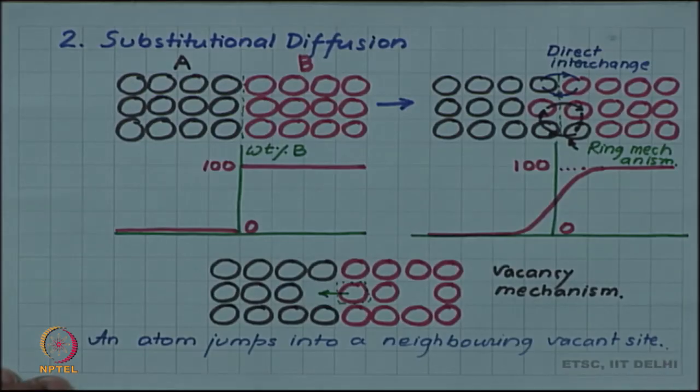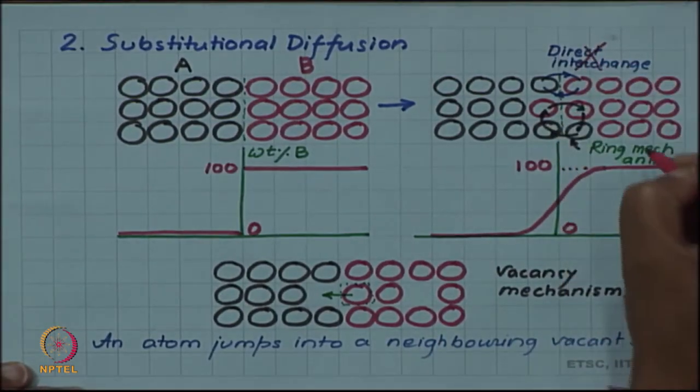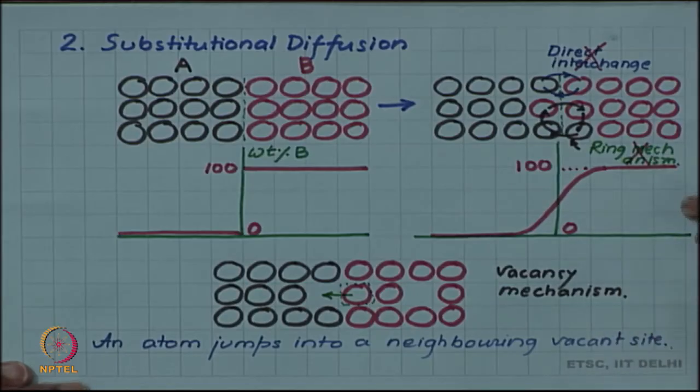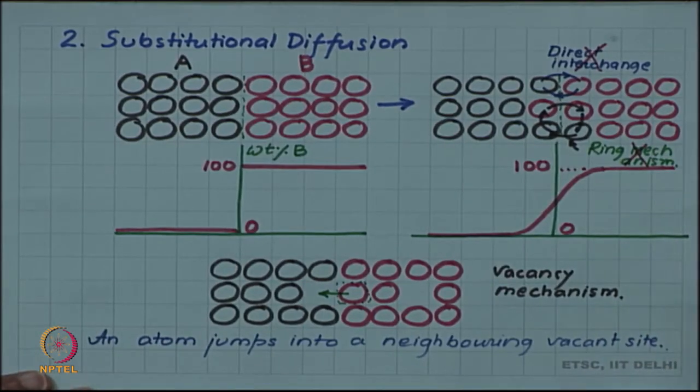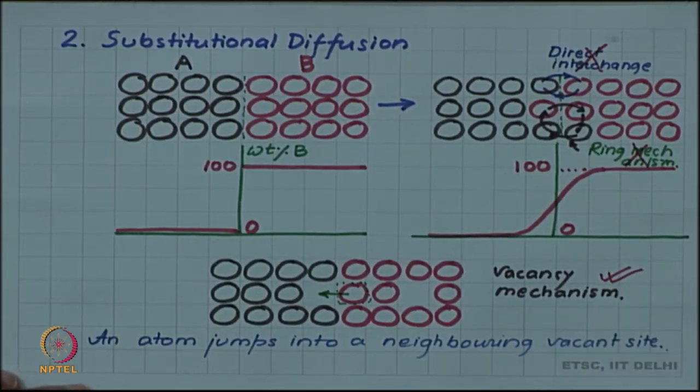So, this is now the accepted mechanism. So, let us make a note of this. So, direct interchange and ring mechanism originally were proposed and considered, but now have been ruled out in favor of the vacancy mechanism, which gives results which are closer to the experimental observations.